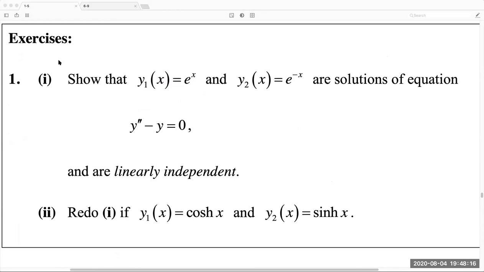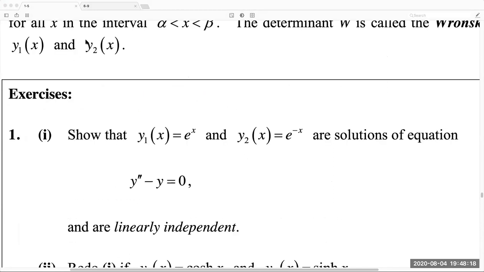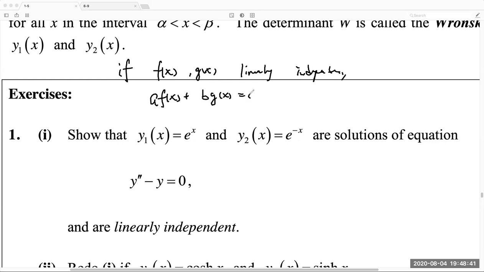We also need to talk about linear independence. What do we mean by linearly independent? Let's say f(x) and g(x) are linearly independent. It means that a f(x) plus b g(x) equals 0 if and only if a and b are 0.